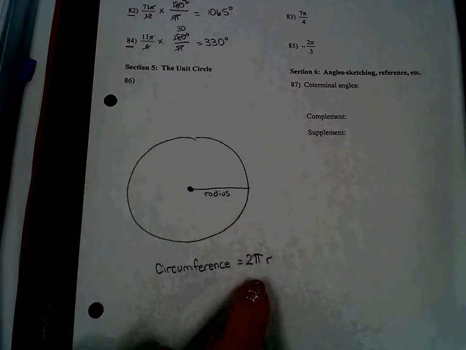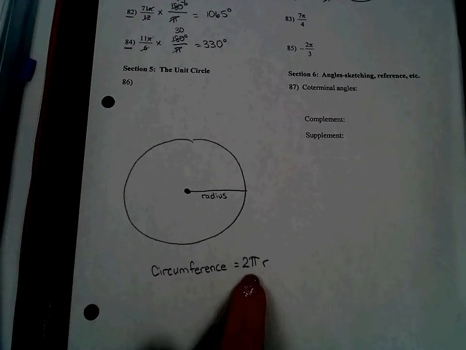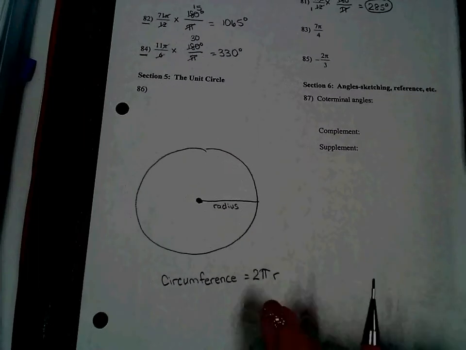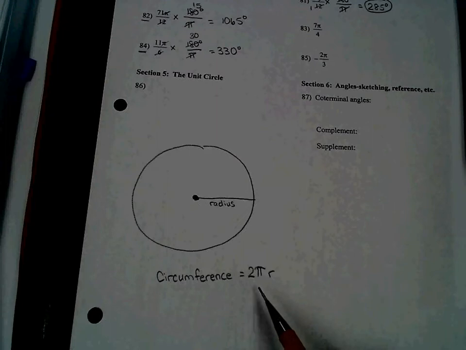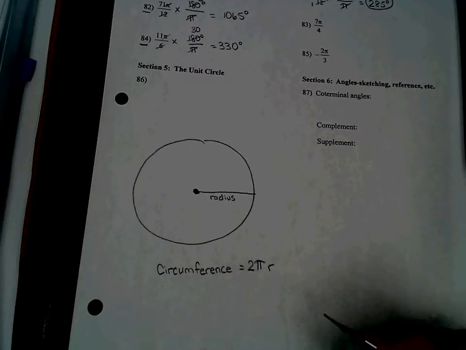And I just told you that radians all the way around a circle were, excuse me, 2 pi. So a radian is related to the circumference, and it's related to the radius.